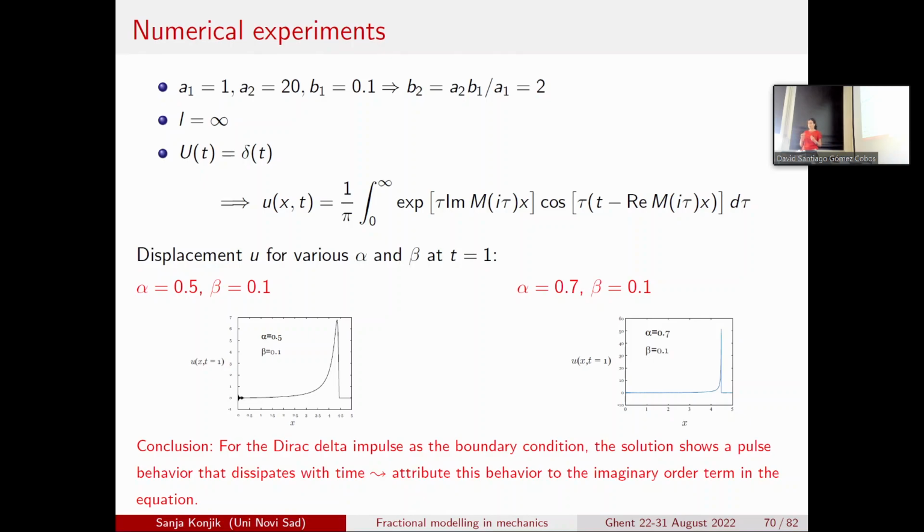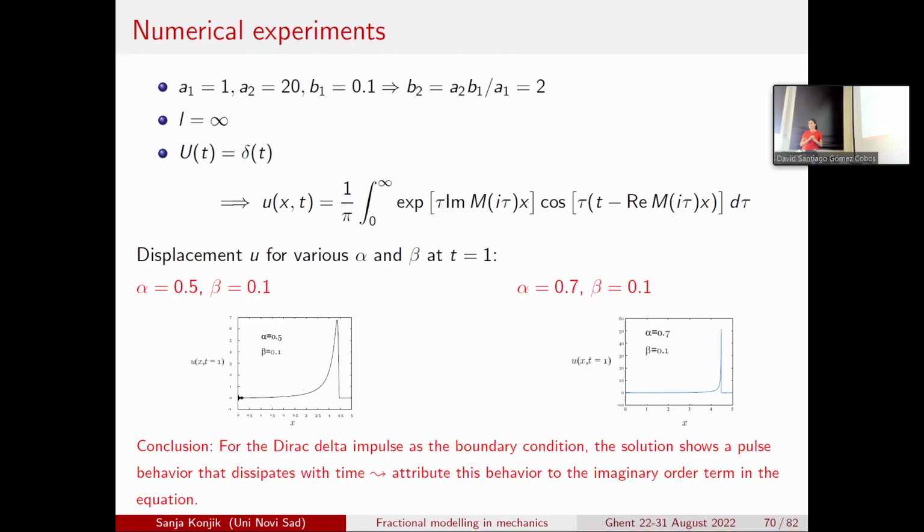in which, in some rheological models, experimentally they measured how an initial disturbance propagates with time, and they observed some oscillations in the beginning.